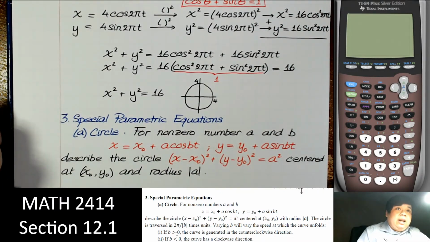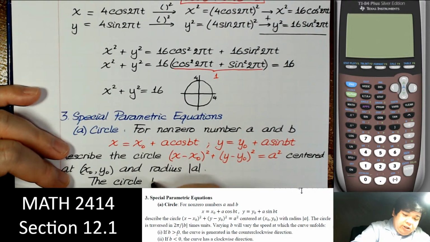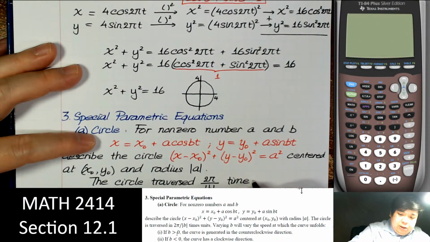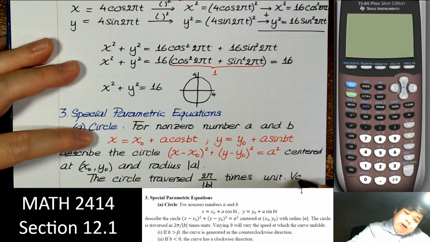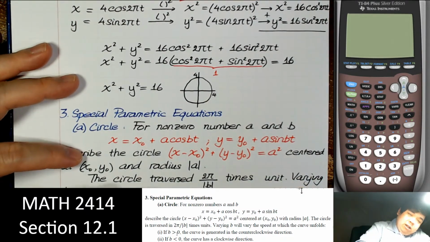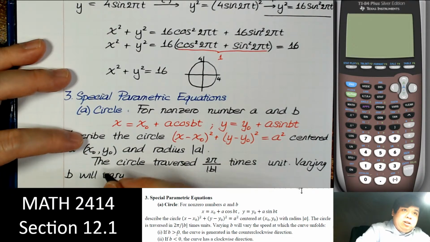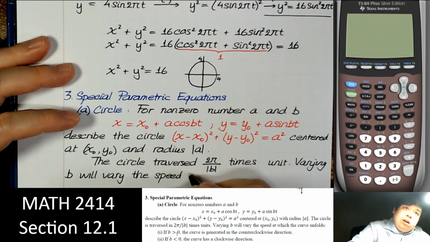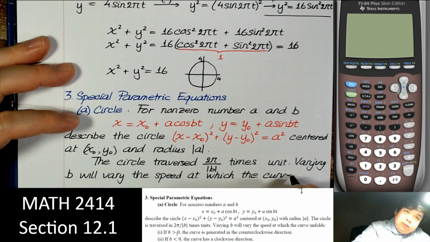Right. Now, the circle traverses two pi divided by the absolute value of b time units. Varying b will vary the speed at which the curve unfolds.